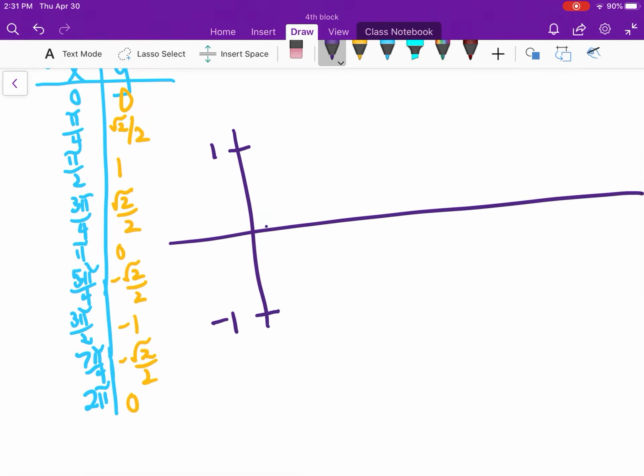Okay, then for my x's, we're going to do increments of pi over 4, so that's going to be pi over 4, pi over 2, 3 pi over 4, there's pi, 5 pi over 4, 3 pi over 2, 7 pi over 4, and 2 pi.